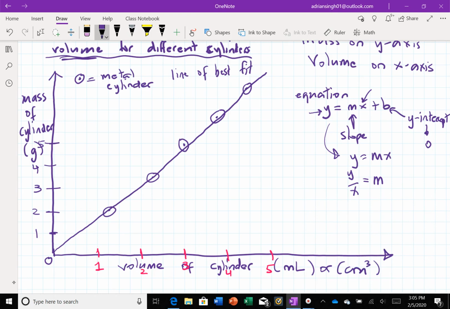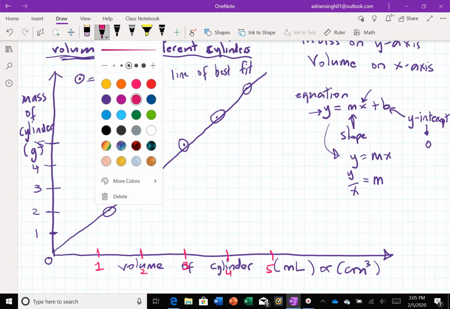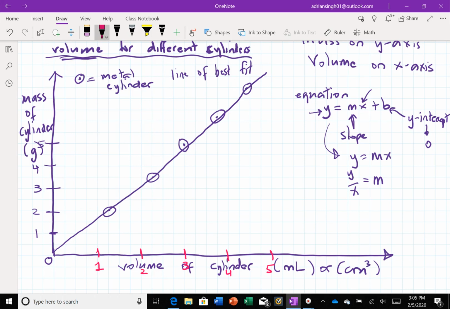So once you have your line of best fit, you can choose any 2 points on this line to generate the slope or the gradient. So I'm going to choose 2 points that are far apart from each other. I'm going to choose a point down here, and I'm going to choose a point up here. The points that you choose don't have to be any of the data points. They just need to be along that line.